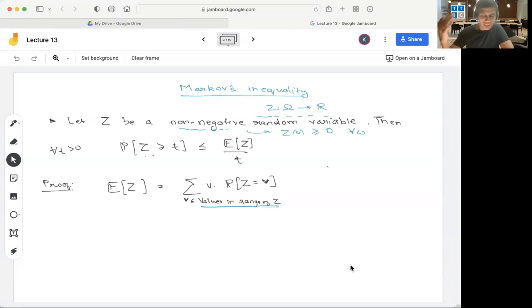So I've written a summation, but otherwise we should write integrals and so on. And we'll get to that in a couple of lectures, how to properly deal with random variables over infinite spaces or uncountably infinite spaces. Okay. And now whatever values it can take, we arrange them in ascending order.